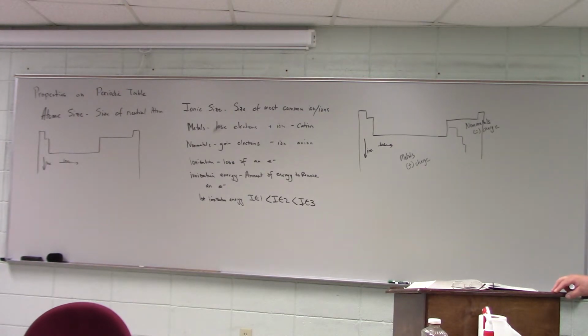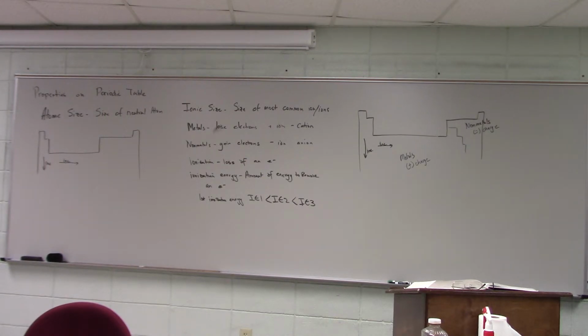Now, if we're looking at ionization energy, the smaller the atom, the more energy it's going to take, right? So at the top, upper left-hand corner for hydrogen, it's going to take a lot of energy to remove an electron.